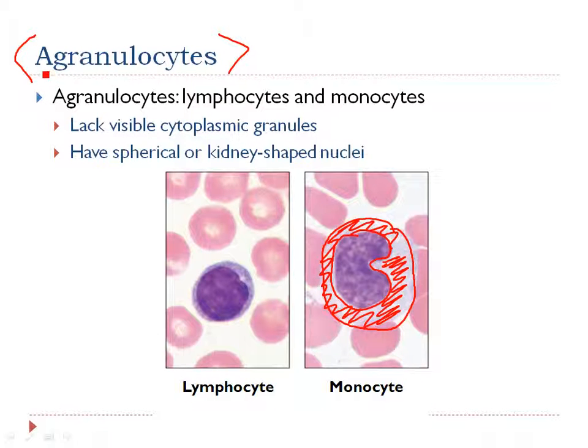So because of that, these cells are called agranulocytes, meaning without granules. There are two major types of these: lymphocytes, which are your second most abundant type of white blood cell in general. And then you have your monocytes, which are not nearly as abundant as lymphocytes, but more abundant than your eosinophils or your basophils.